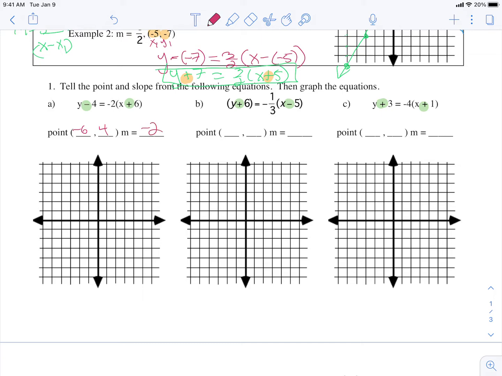This point would be 5, -6, and the slope is -1/3. And this point would be -1, -3, and the slope is -4. So it's the opposite of what you see there. And hopefully, this could happen if you're rushing, x is with x and y is with y. So when you're writing your xy coordinate, make sure you put the numbers in the correct spots.